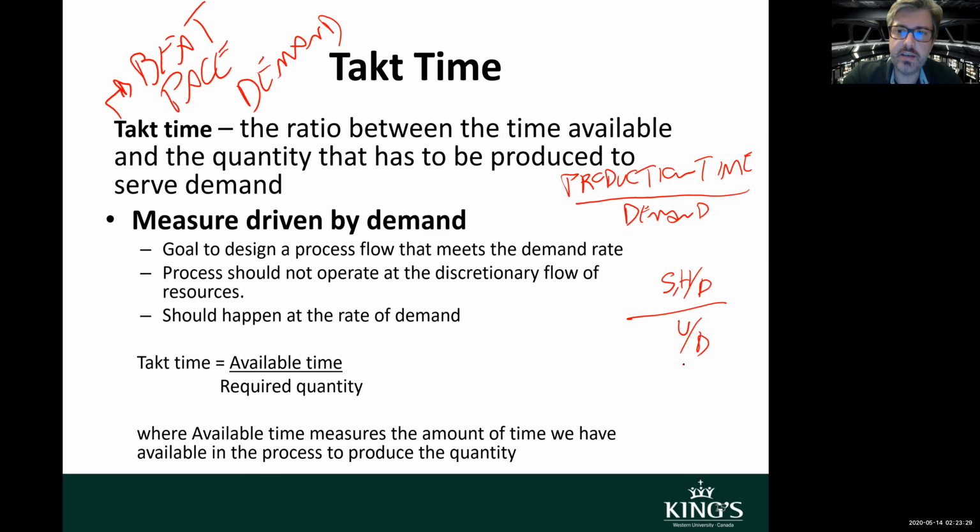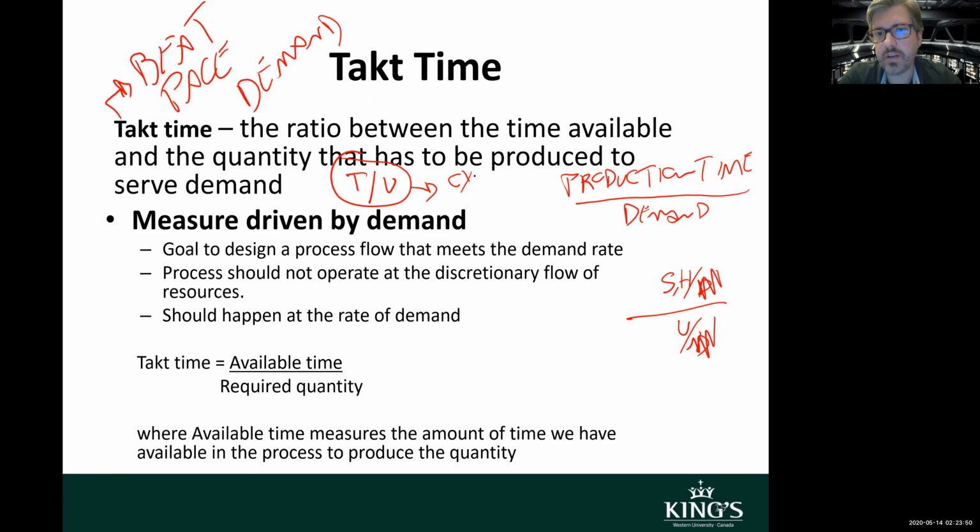So in the end, takt time will be a measurement of time per units. So this is always time per unit. We have another measurement that is also related to time per unit.